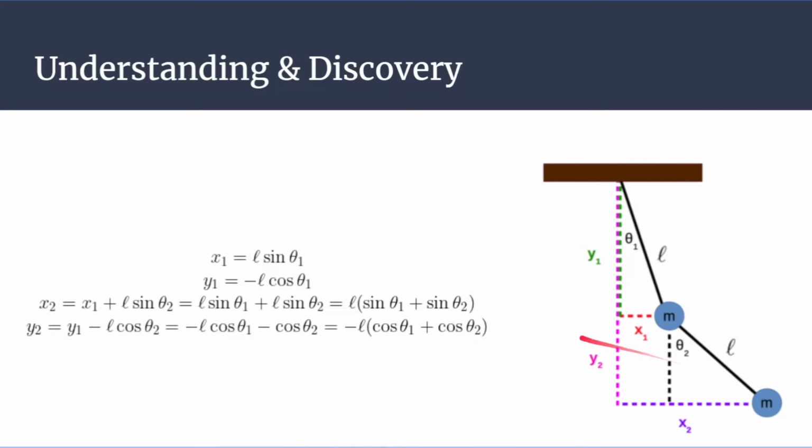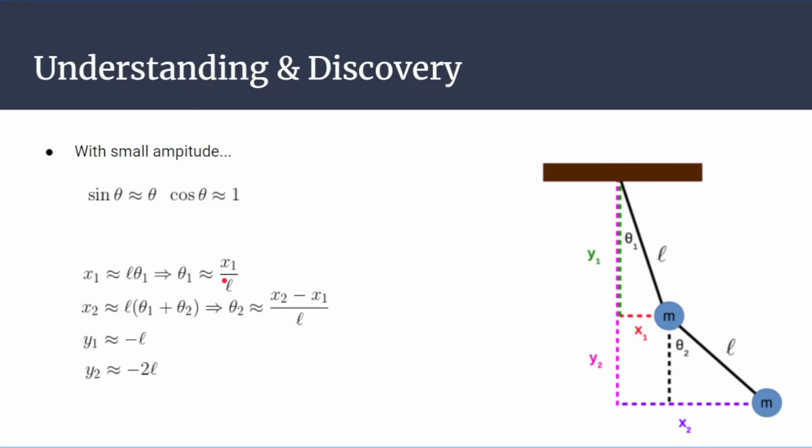Then we can calculate the x1, y1, x2, y2 positions by some trigonometry. And we want to analyze the motion of the double pendulum under small angle oscillations. In this case, sin theta is approximately theta, and cosine theta is approximately 1. So we can write x1, y1, x2, y2 in this form.